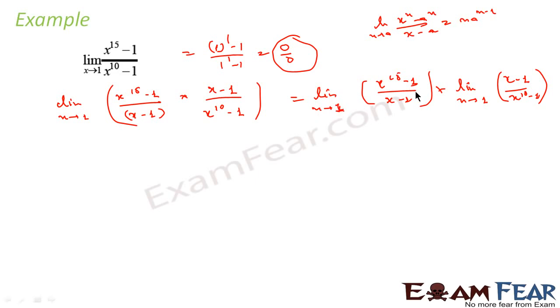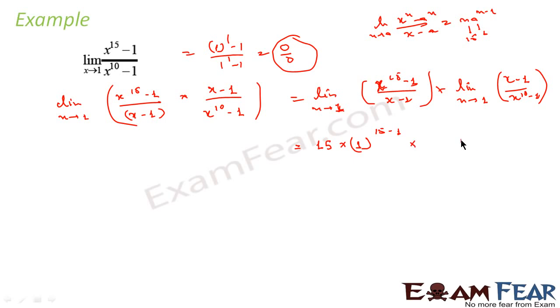Now we know that limit of x to the power 15 minus 1 by x minus 1 will be equal to this, where here a is equal to 1 and n is equal to 15, correct? So this value will be n equal to 15 into a equal to 1 to the power 15 minus 1, correct?